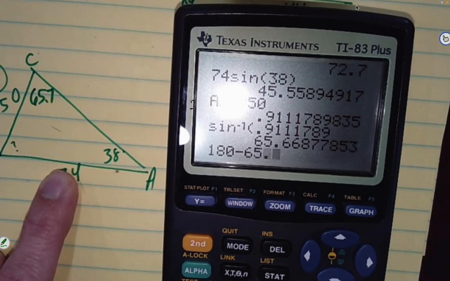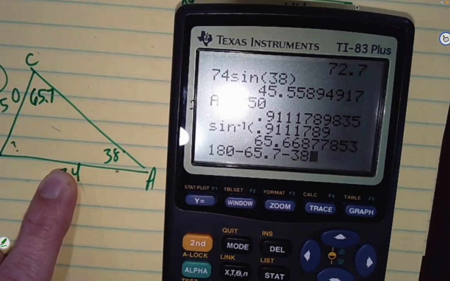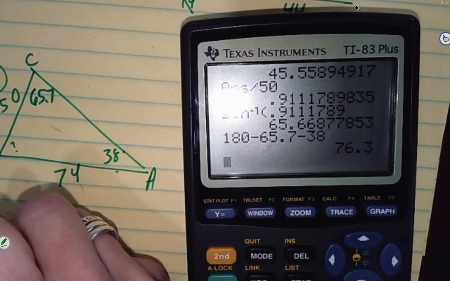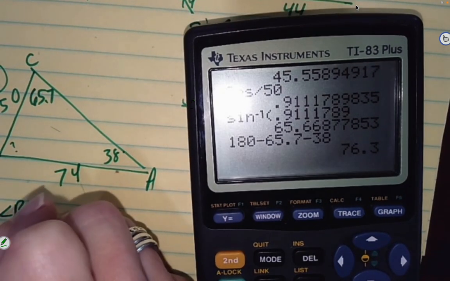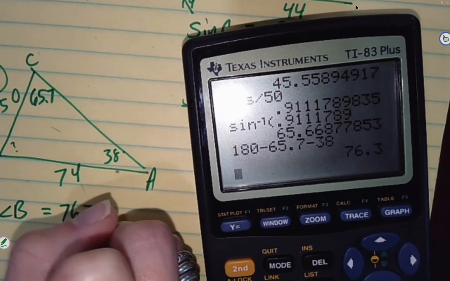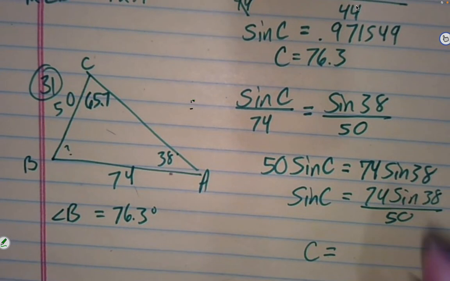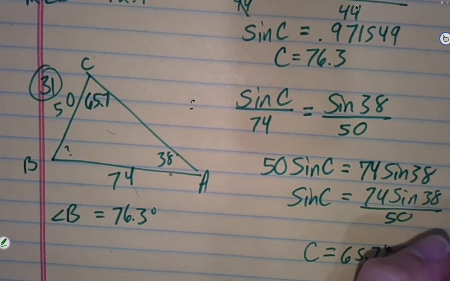Minus 65.7 minus 38, and I get 76.3. So that's why number 31 is B. Angle B is 76.3 degrees. Okay, C was 65.7. You just have to make sure you're finding what they're asking for.